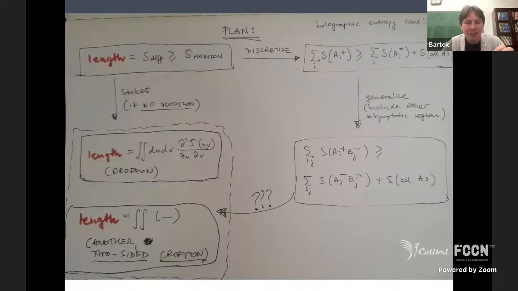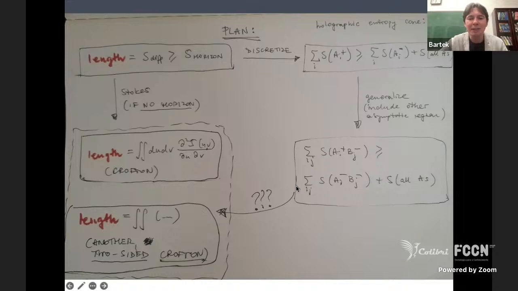Behind that horizon, I imagine that there is some purifying system so that I'm dealing with a two-sided black hole. I can now write an inequality of this type, an entropic condition from the holographic entropy cone program that involves both what happens on one side and on the other side. And we have found the relevant valid inequalities that work in this broader context.